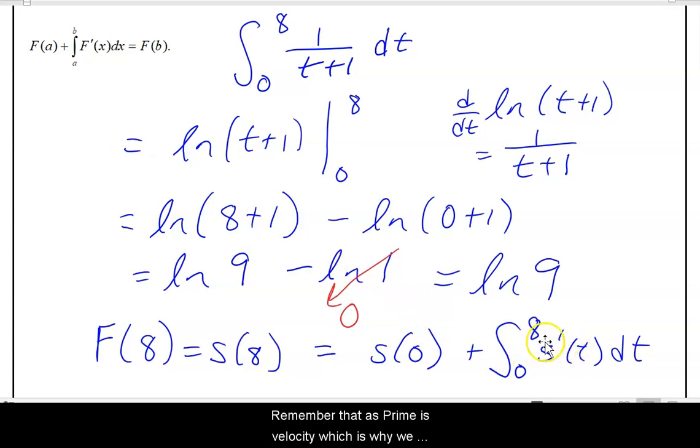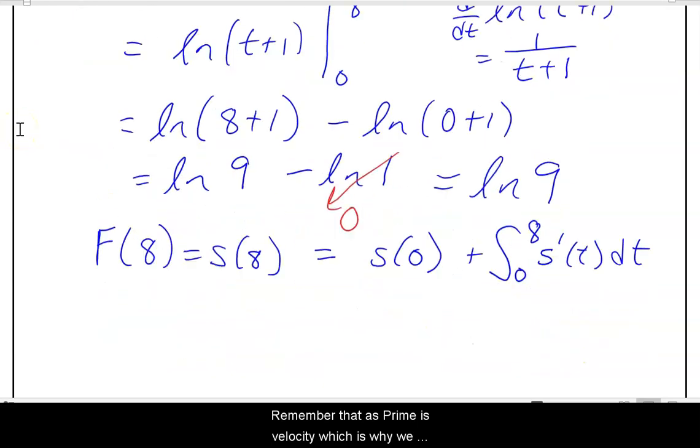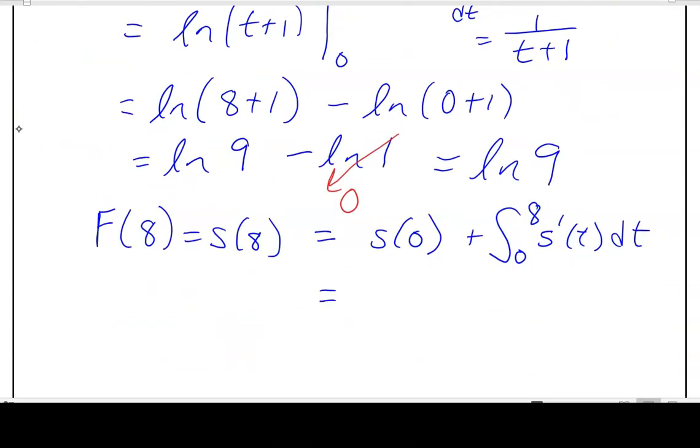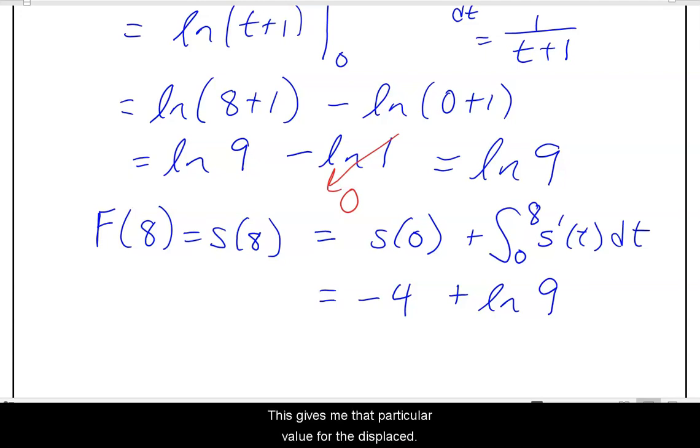Remember that s prime is velocity, which is why we replaced it there. My initial position is 4 units south of the origin, or -4, and I found that the value of the integral was the natural log of 9. This gives me that particular value for the displacement.